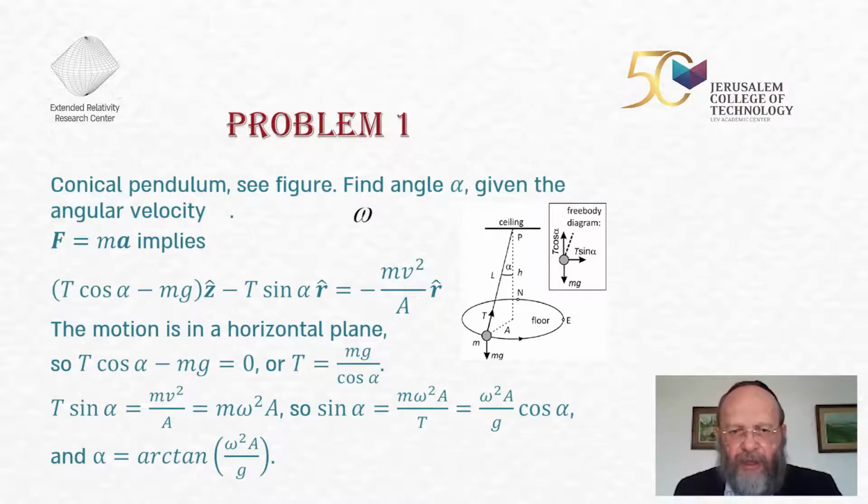Then T sine alpha equals mv squared over A, and v squared over A is m omega squared A, where A is the length of the string, L. So we get tangent alpha equals omega squared A over g. Okay, that's the solution of problem one.